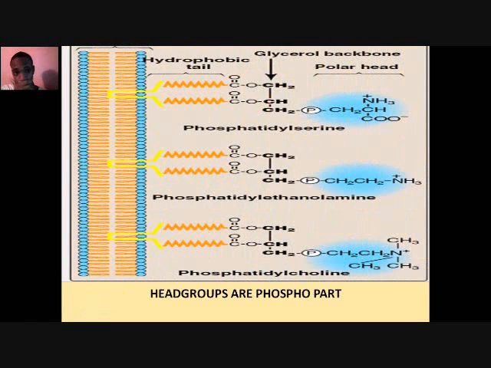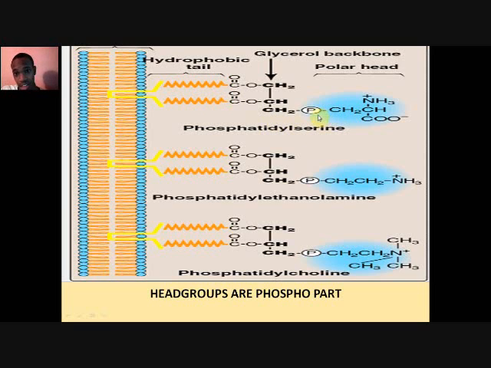Okay. Now here we have a diagrammatic representation of what a phospholipid bilayer would look like. Now if you just were to maximize one of these phospholipids, you have one head and 2 tails. Well, the tails in fact are the fatty acids on carbons 1 and 2.